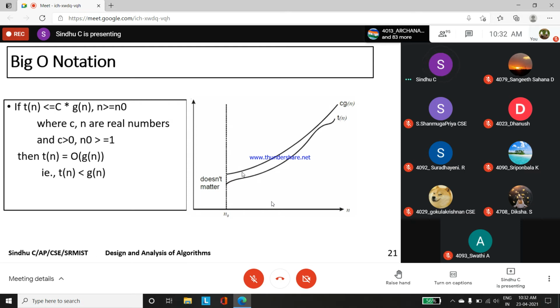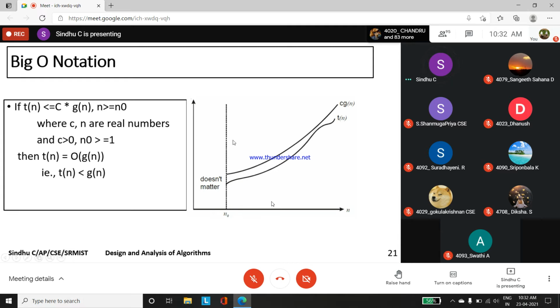Now coming to big O notation, right? You consider a graph, okay? And before that, when you draw a line, it is a function which can be represented with y is equal to mx plus c. Similarly, every curve in here is a function, right?